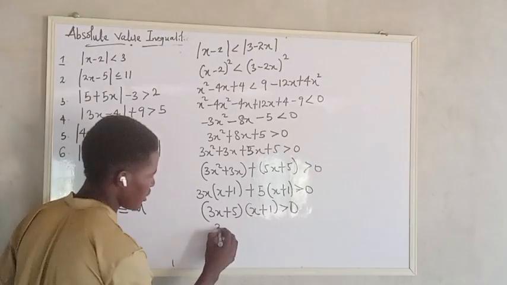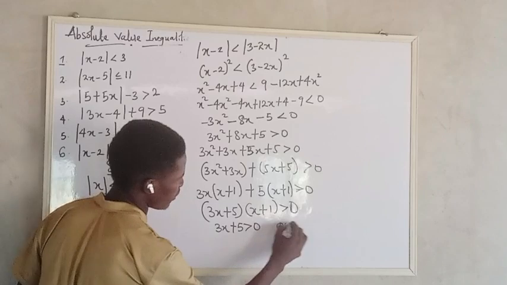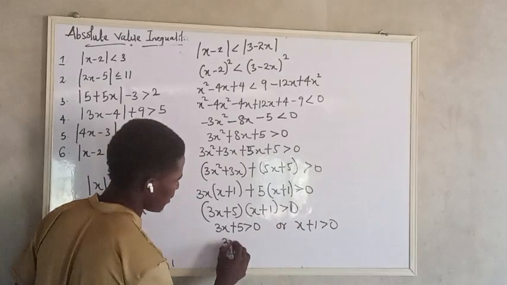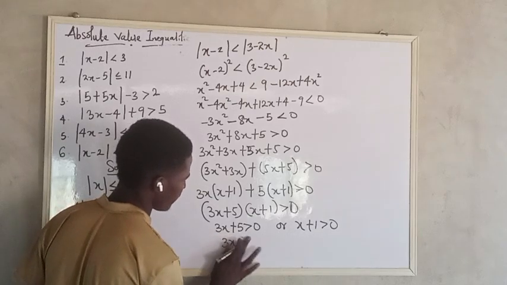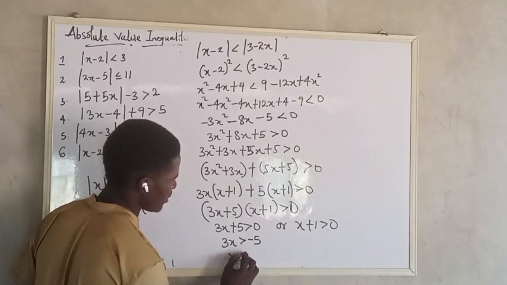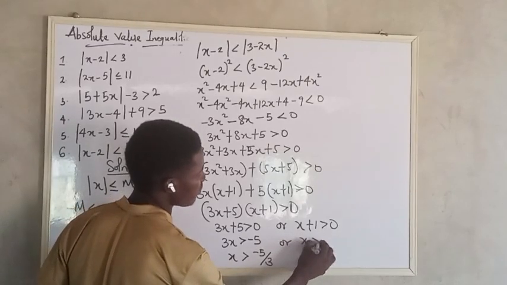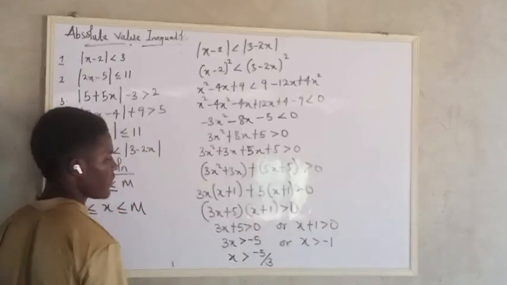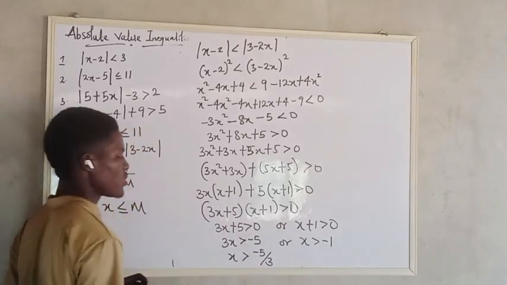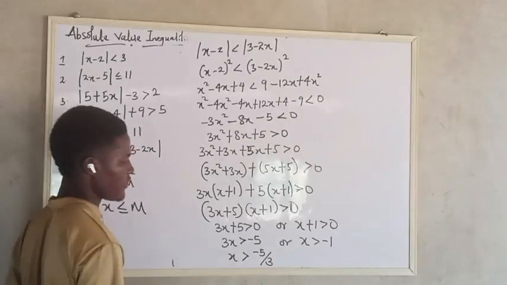So this will be 3x plus 5 greater than 0, or x plus 1 greater than 0. So I will have 3x greater than minus 5, then x will be what? x will be greater than minus 5 over 3, or x is greater than minus 1. So which of these will be the value if I'm to write it in form of a set?